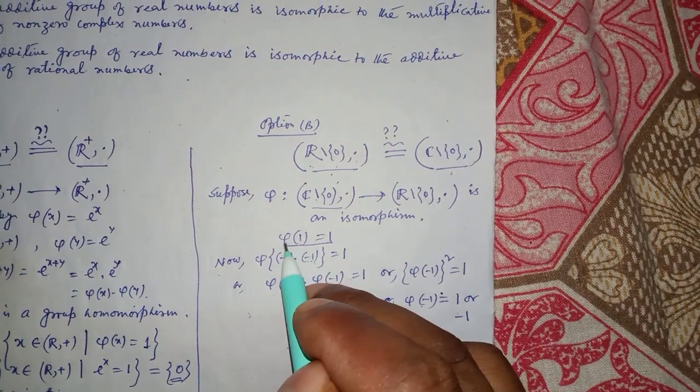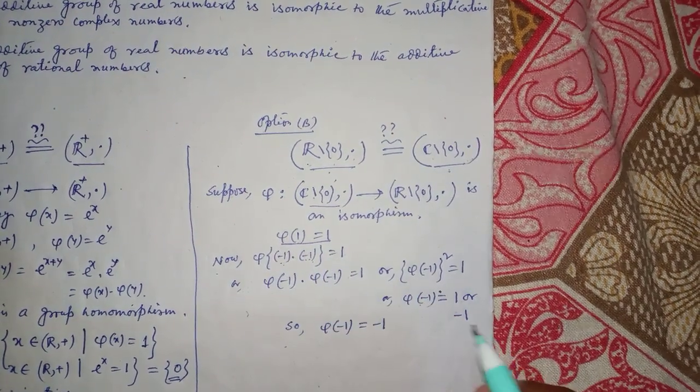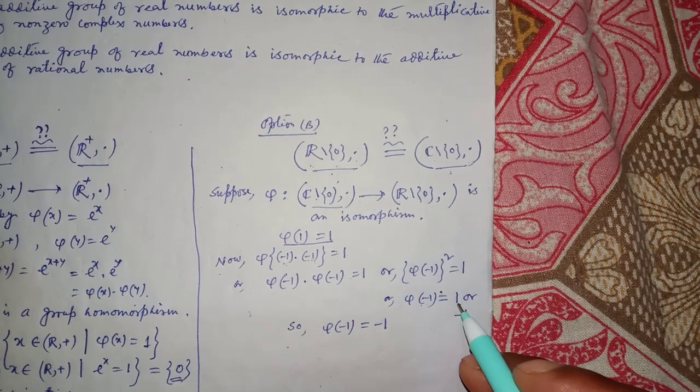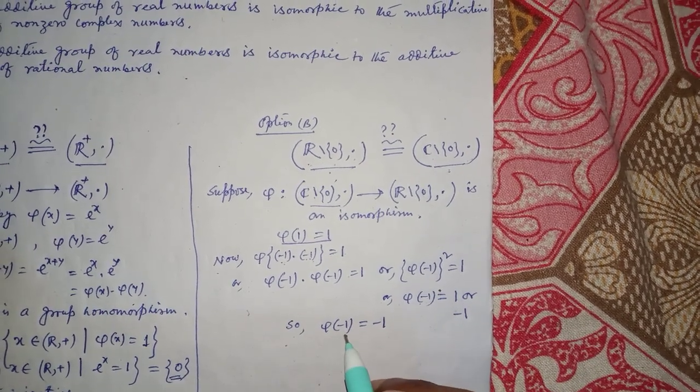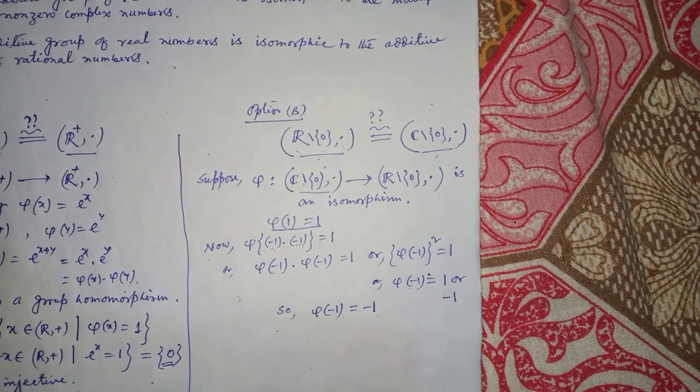Because it is injective, phi of 1 is equal to 1, so phi of minus 1 is not equal to 1. We take phi of minus 1 is equal to minus 1.